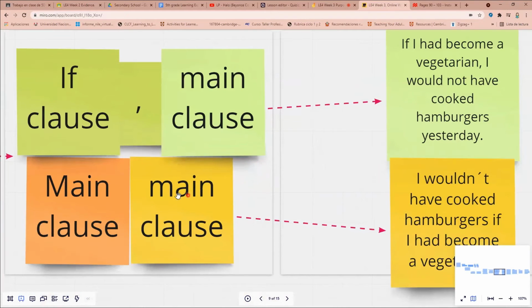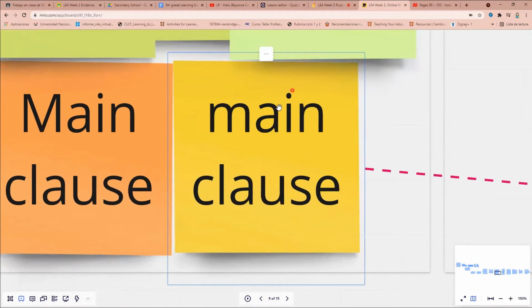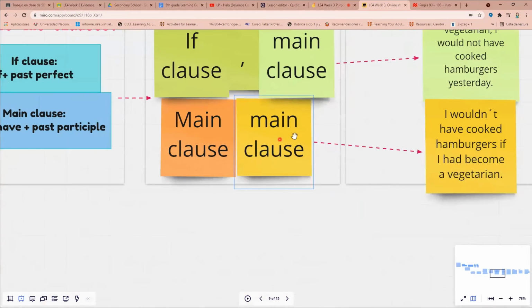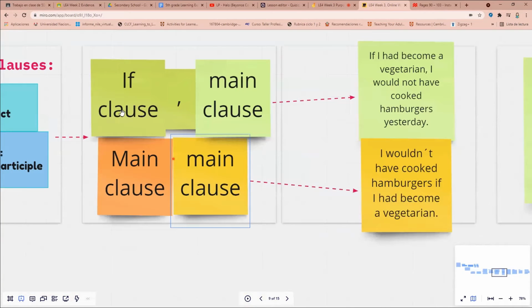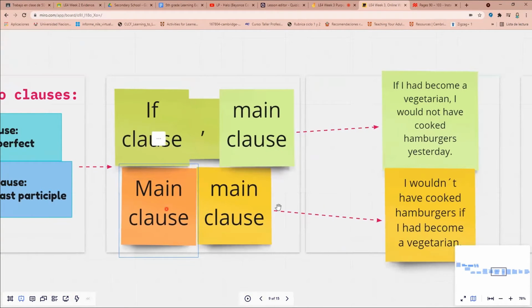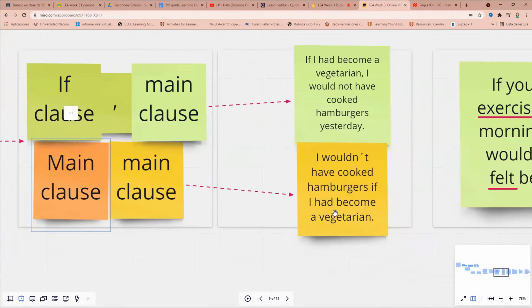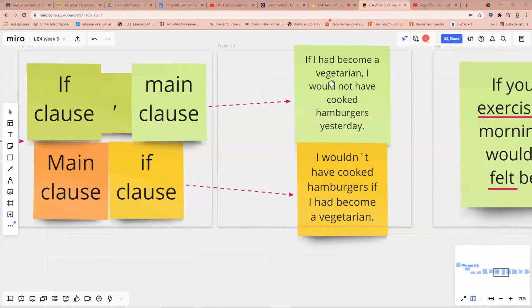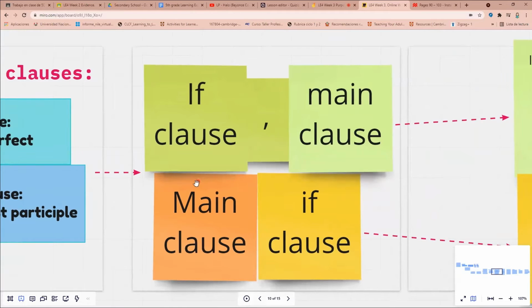But if we change the order and the main one goes first, it will be the if clause second. You see? Main clause first and the if clause second. Let's fix this. So we were here.